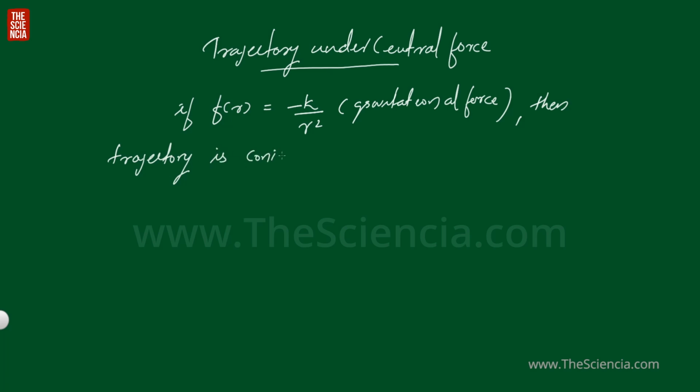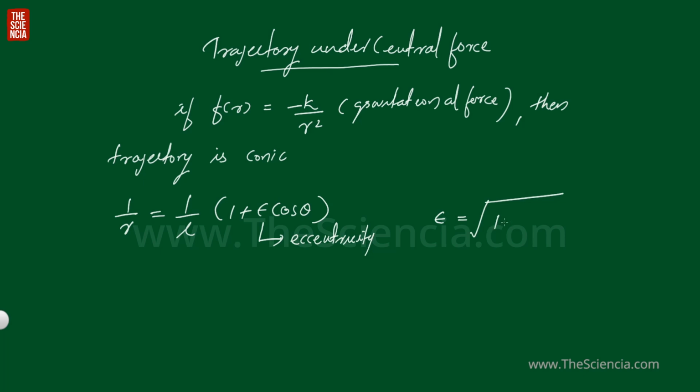a conic, and the equation of trajectory is 1 by r equal to 1 by l into 1 plus e cos theta, where we call e the eccentricity, and its value is equal to root of 1 plus 2 m E h square by k square, where we know h is equal to L by m and here l is equal to L square by m k.